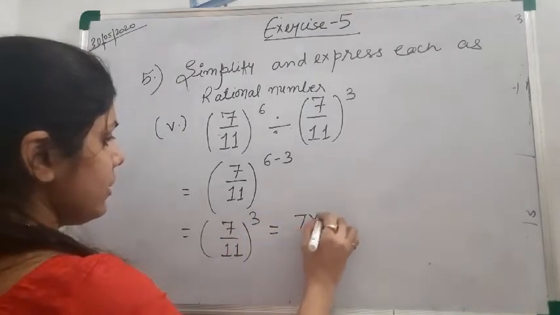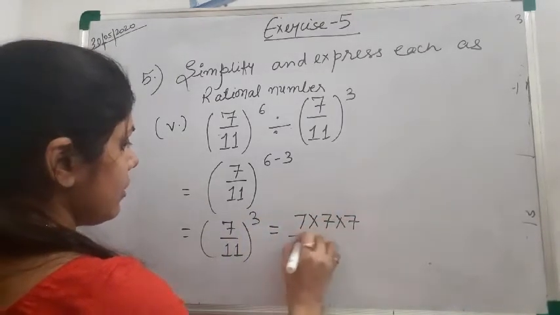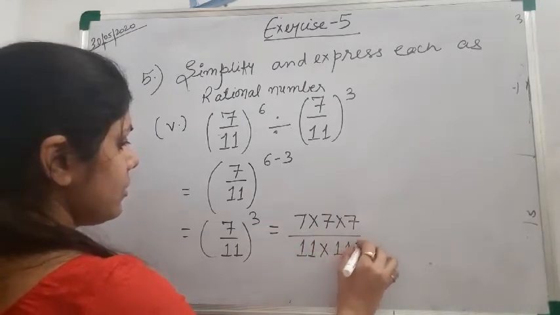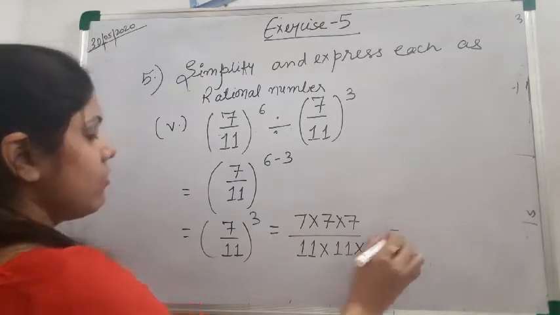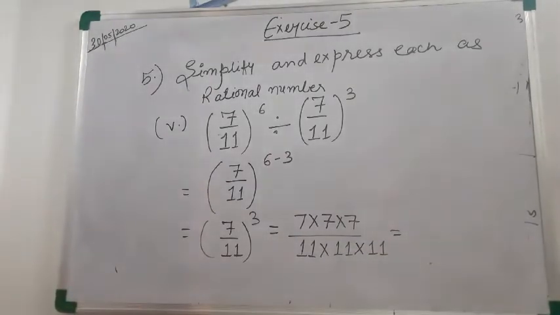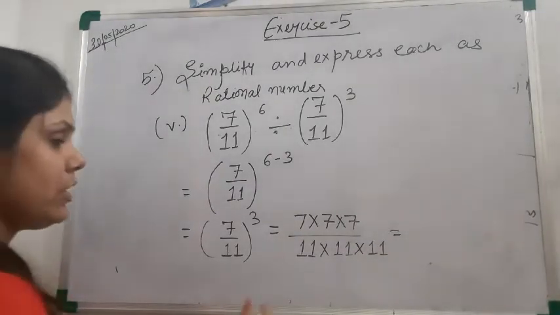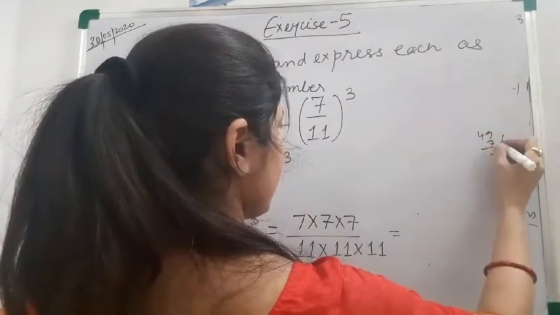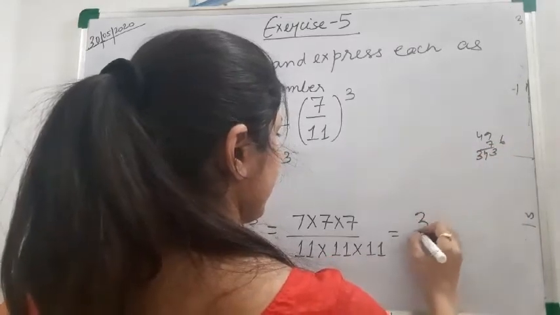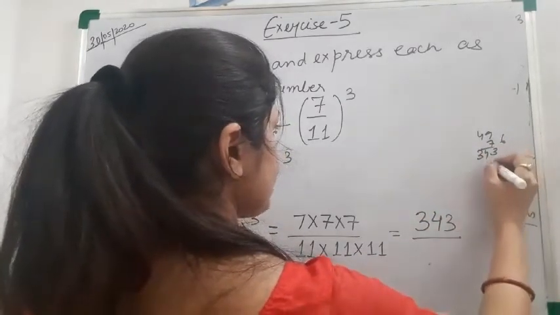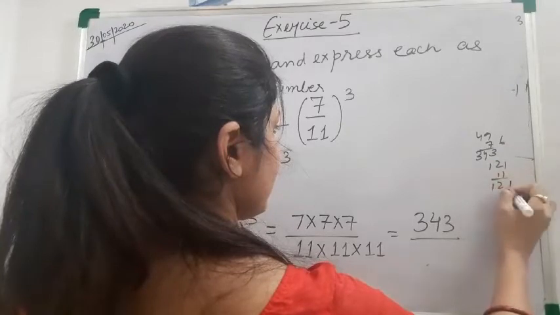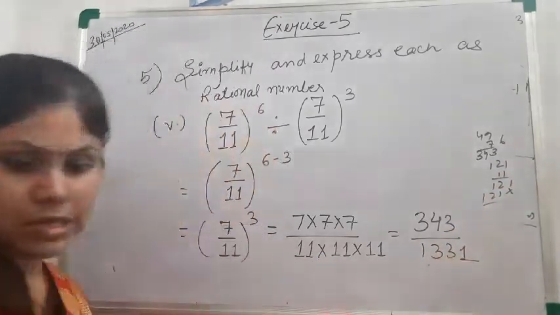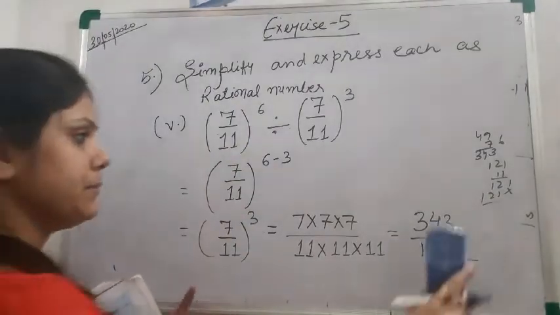Now 7 into 7 into 7 over 11 into 11 into 11. When you multiply 7 into 7 into 7, it is 49, 343, and 11 elevens are 121, it will be 1331. This will be your answer.